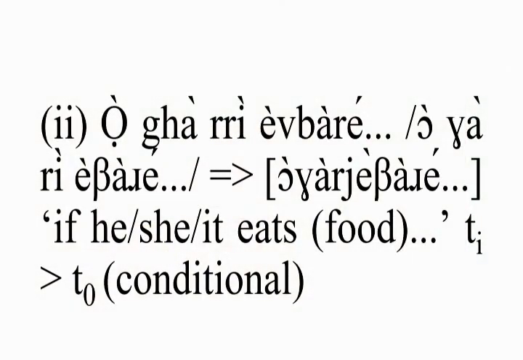Then, this Orali Evae is conditional. So, all this must be correctly indicated to be able to know what is being referred to, the tense that is being used. Otherwise, it will be a mix-up.